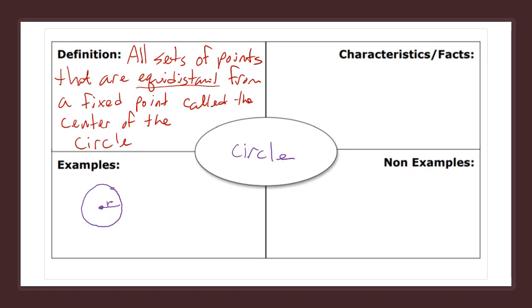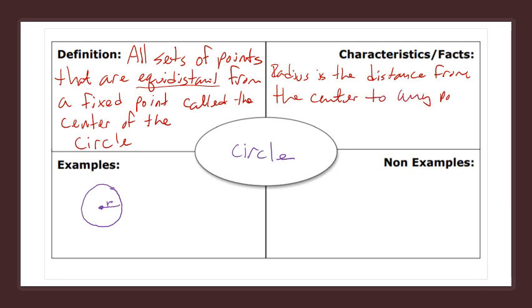So with characteristics or facts, let's define that. Radius is the distance from the center to any point on the circle.